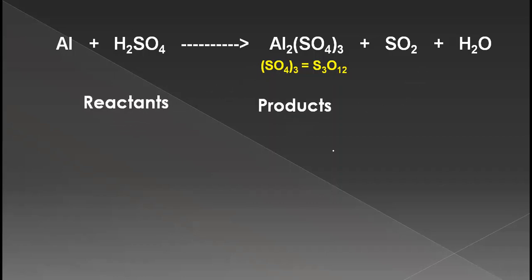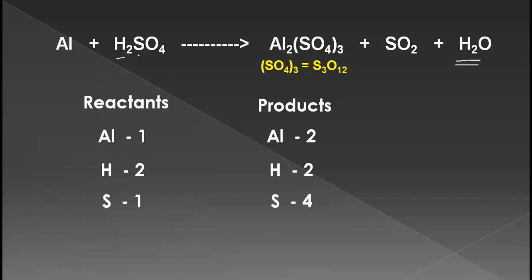If you check the number of atoms of all the elements, we'll start with aluminium. There is 1 aluminium atom on the reactant side and 2 aluminium atoms on the product side. There are 2 hydrogen atoms on the reactant side and 2 hydrogen atoms on the product side. We have 1 sulfur atom on the reactant side, whereas here we have 3, and here we have 1.